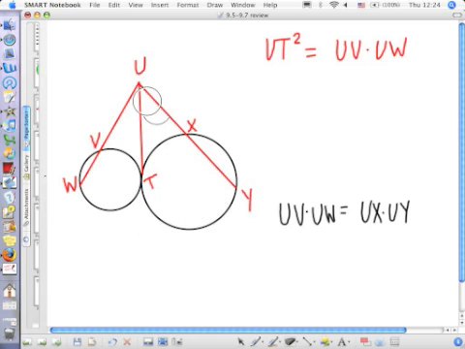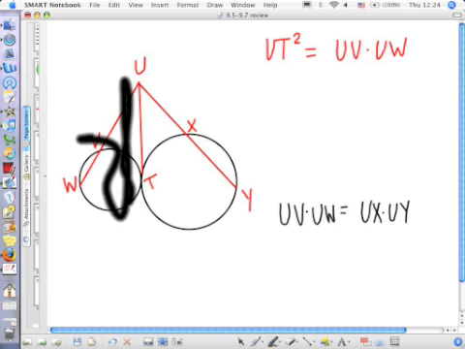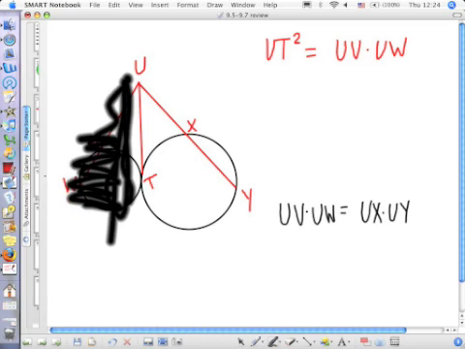Now let's look at the other circle. Again, we have a tangent and a secant, where UT squared equals UX times UY. How can we get from that to that last statement? Through substitution.